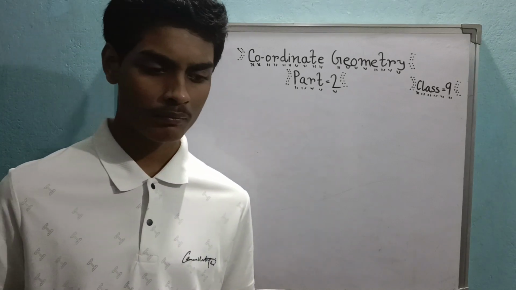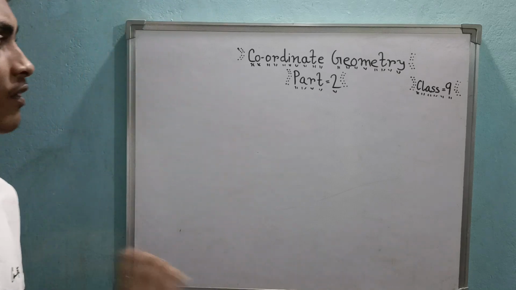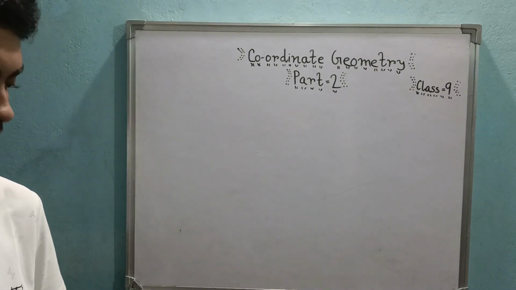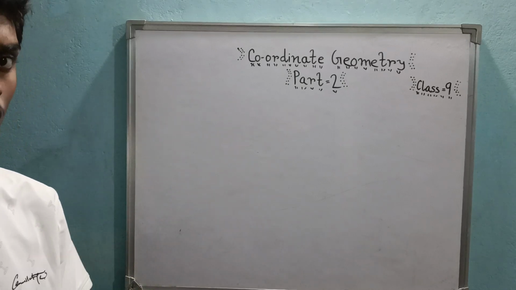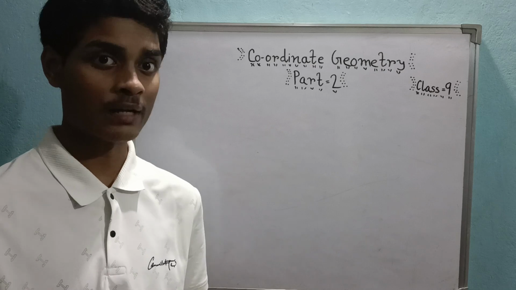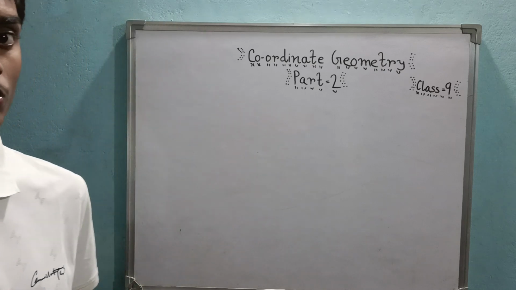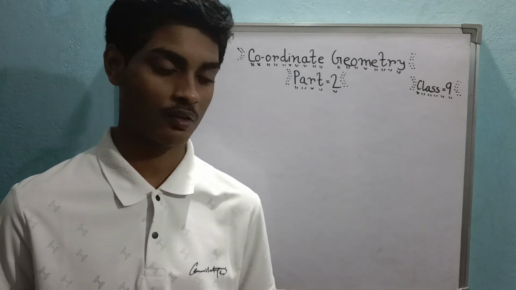Today, we will do the same things, but with more conceptual questions. You have learned everything, but let's see if you can put it to use in questions that are a little bit twisted. It's quite interesting to solve twisted questions, right? So we will see what kind of questions those are.